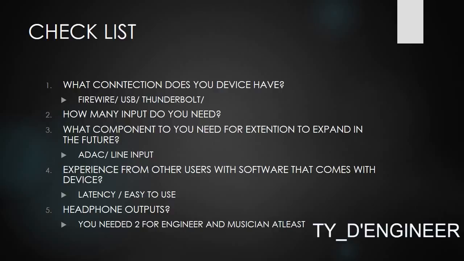Make sure that the device you're going to buy has at least two. Even though I've noticed most of these devices usually just have one headphone quarter-inch jack at the front. Sometimes you find one at the back, but it's just one, and I don't understand it. But it's good to look for a device that has more than one headphone output, because otherwise it'll become a problem in the future.